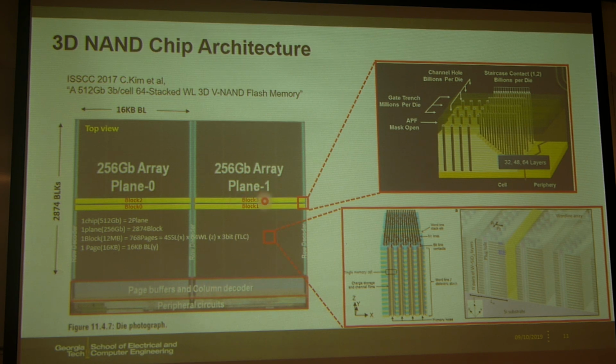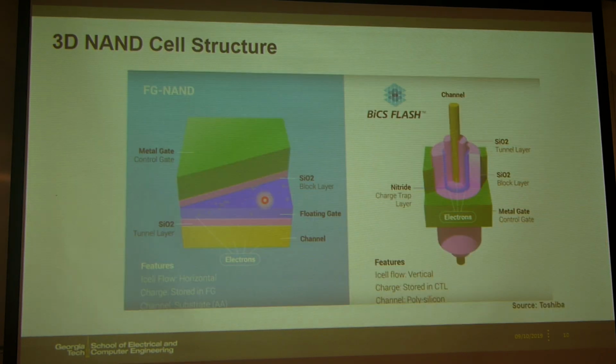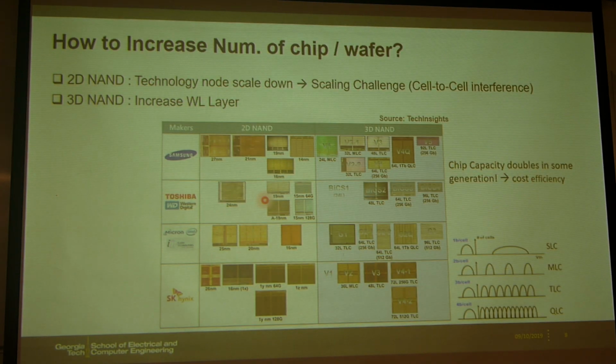You said that each cell can have multiple states, right? In the slide before this. So how are those multiple states stored? I mean, for each cell. You mean how to make these many states? Yes.